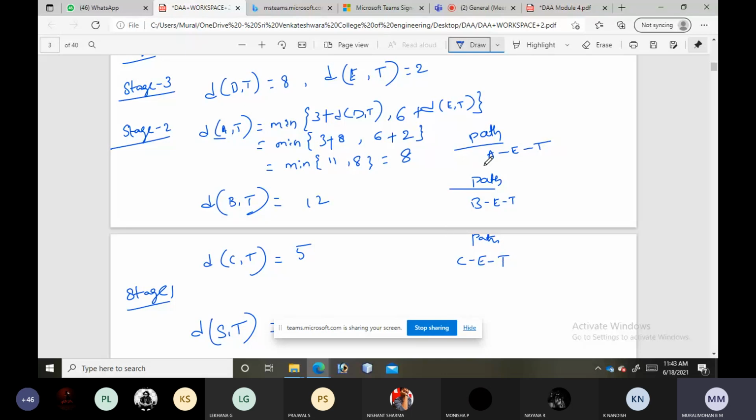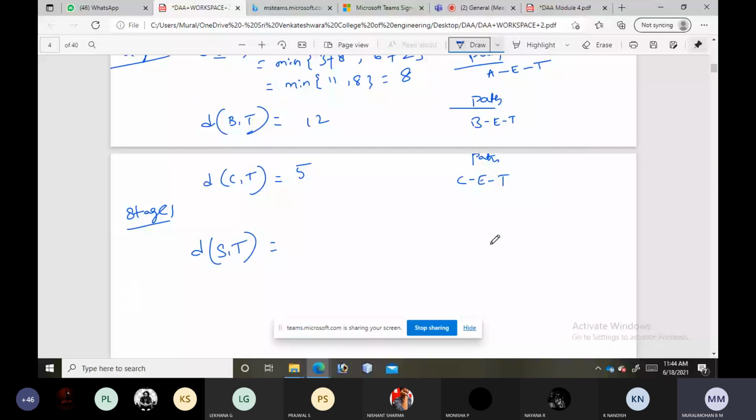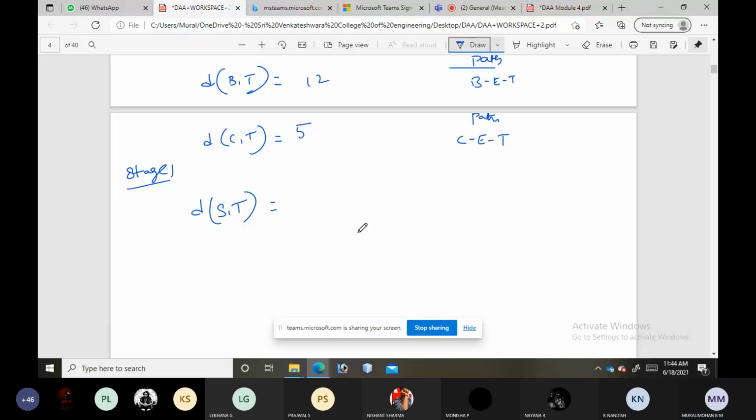Now you can go with S to A, S to B and S to C. Yes sir, already we considered these three are the smallest paths we are having. So you can consider those three only. The minimum of those three you should consider now. Nine, sir.